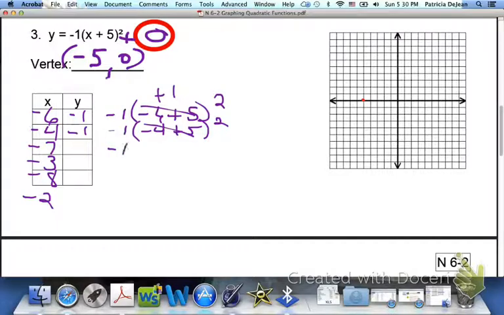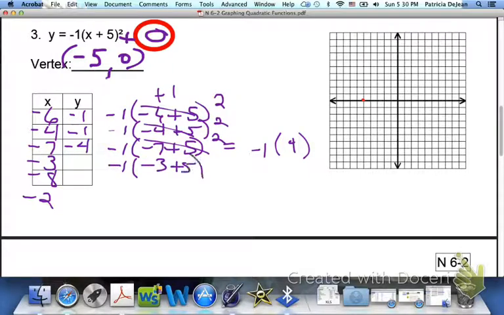So we have negative 1 times negative 7 plus 5 squared. That's negative 2 squared, which is positive 4. And 4 times negative 1 is negative 4. Okay. And if we have the negative 3, we end up with positive 4 again.